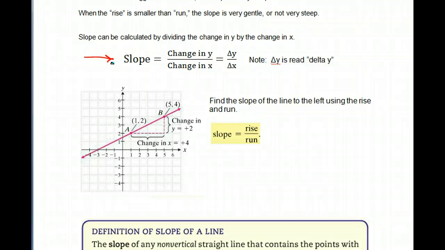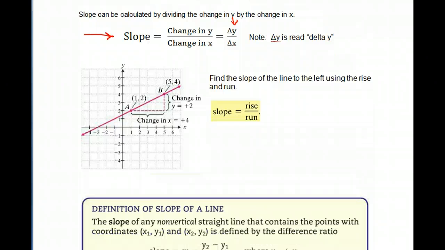So we say the change in y, which is often referred to as delta y, divided by the change in x, which is referred to as delta x. So when we want to find the slope of the line using the rise and the run, what you're going to look for is how much the change was.